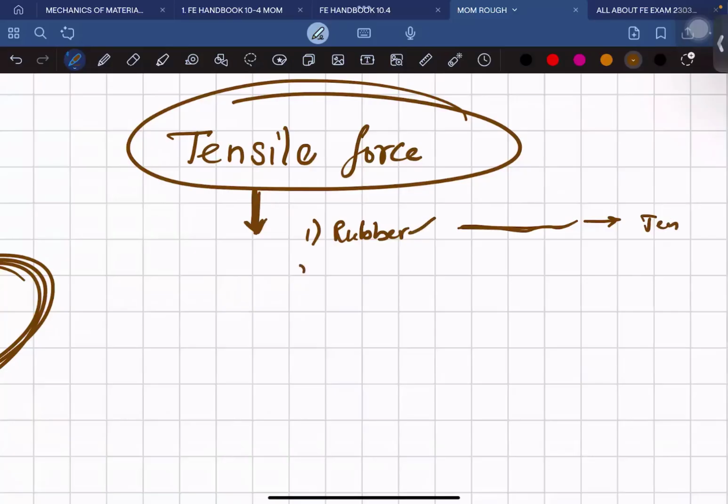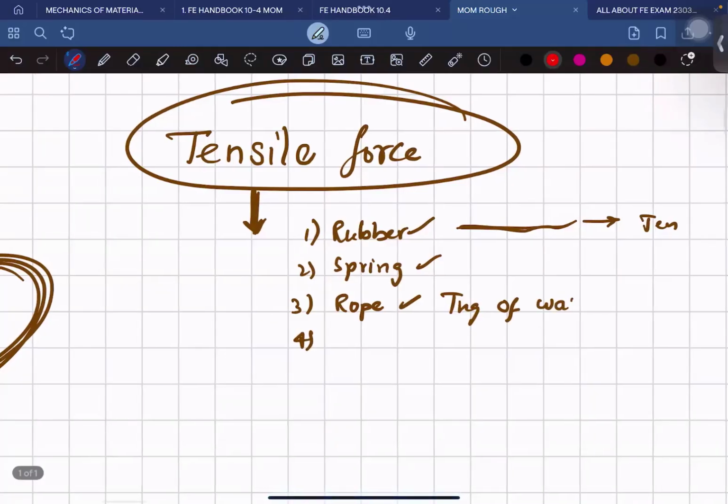I agree. Spring, pulling a rope, tug of war, the reinforcement bars. Wow, that's a pretty good example. Nice. So reinforcement steel in a beam or even in a slab, which is under tension.